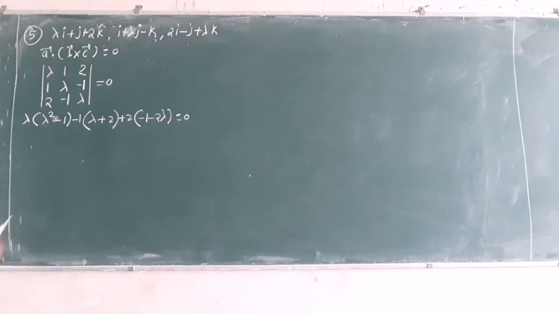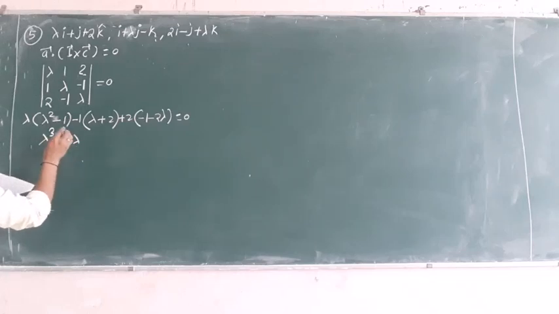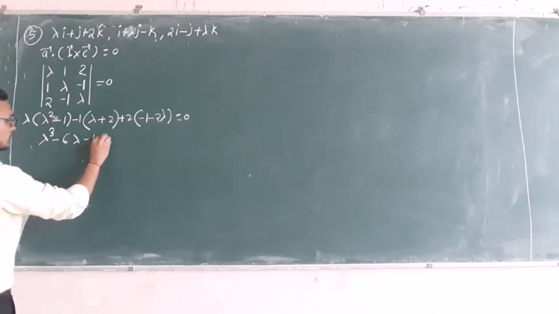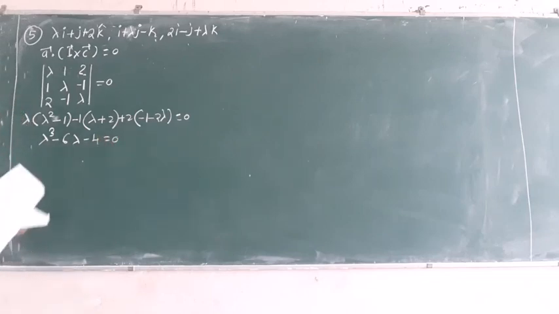When you simplify this, after simplifying you will get lambda cube minus 6 lambda minus 4, which is equal to 0.